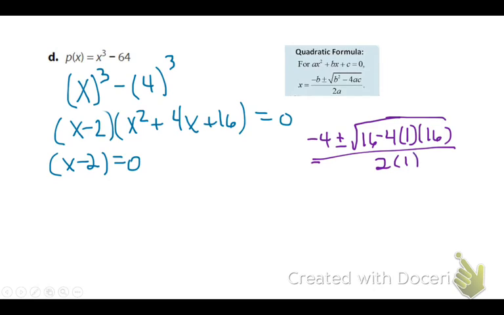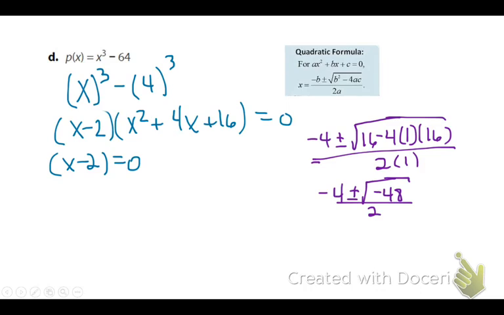All right, now let's simplify all of that down. So we would have negative 4 plus or minus our square root of 16 minus our 64, which would give us a negative 48 under the radical over 2.